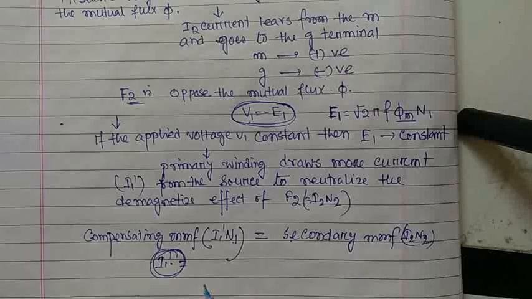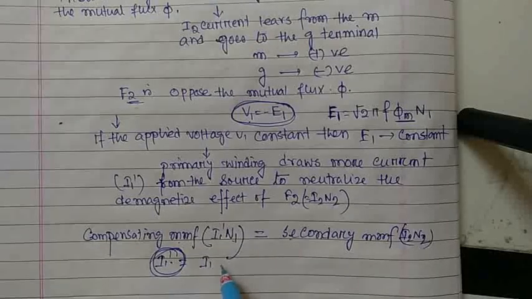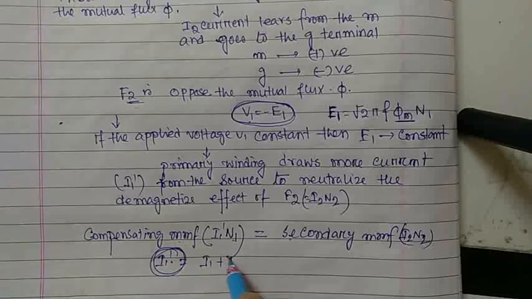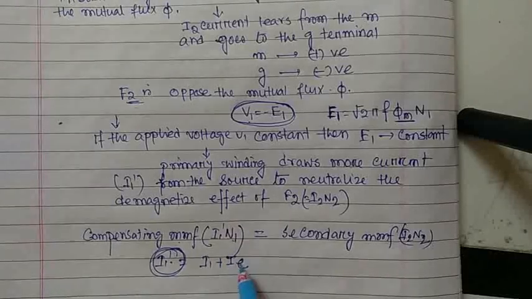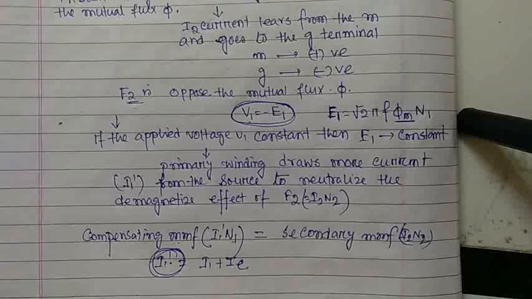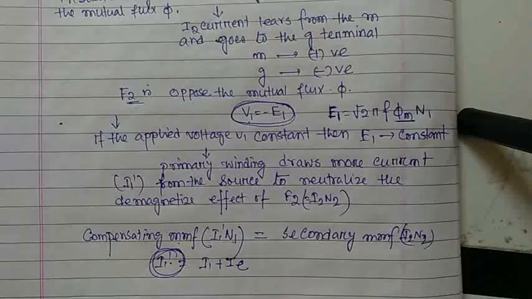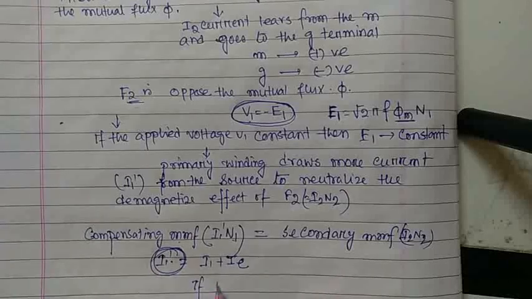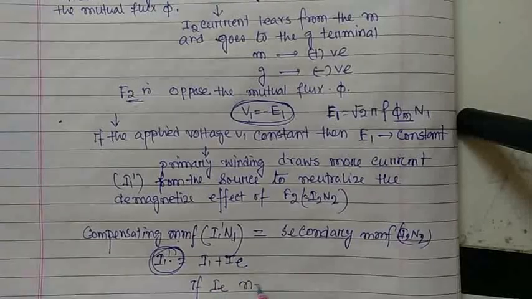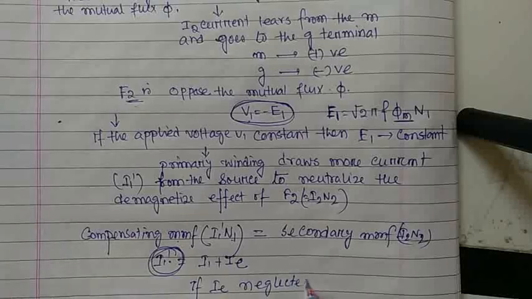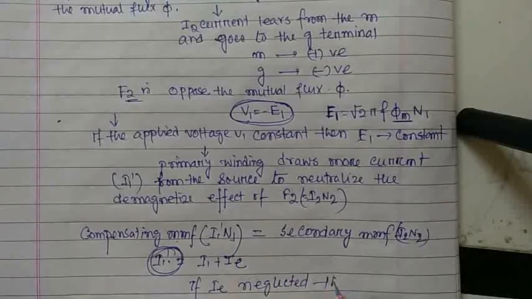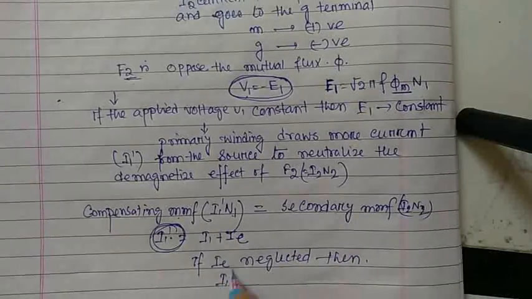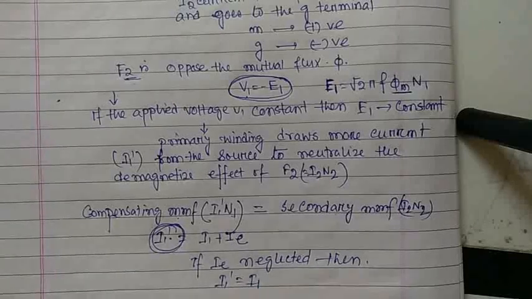So the primary current should be equal to I1 dash plus IE, the no-load exciting current. If the exciting current is neglected, then I1 dash equals I1.